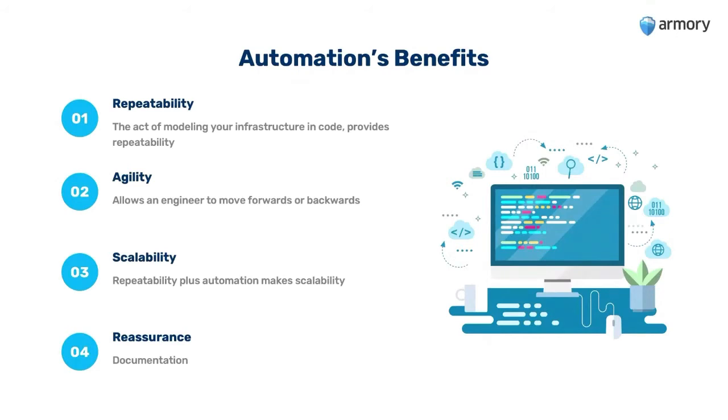We can version control any aspect of the infrastructure. So we can version control the VPC, or the EKS, or the Aurora, or whatever. We get scalability. Repeatability plus automation makes for scalability. I think this is my favorite one. We have this highly scalable, repeatable, automated infrastructure.